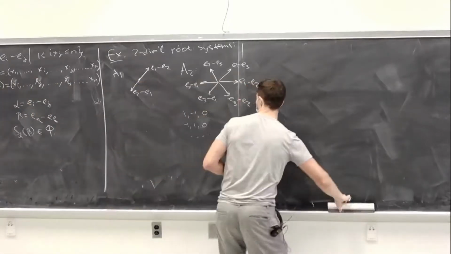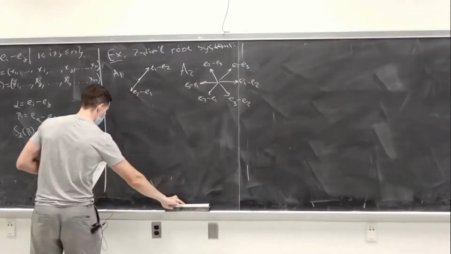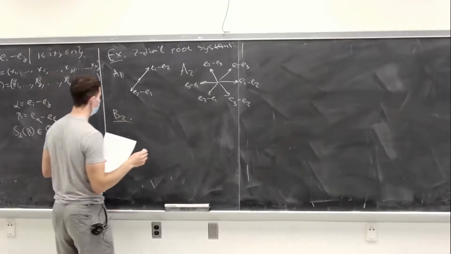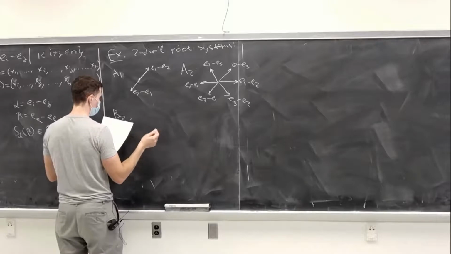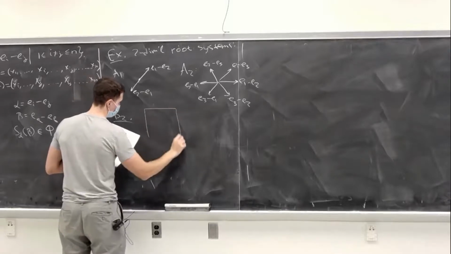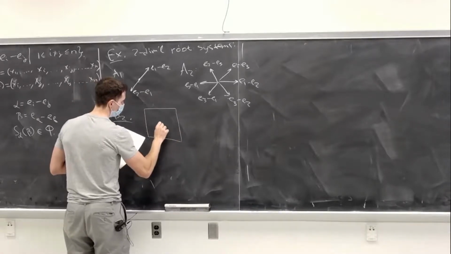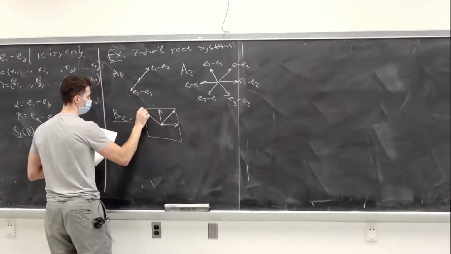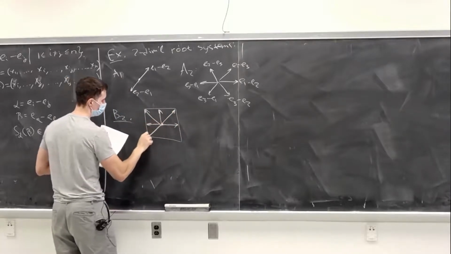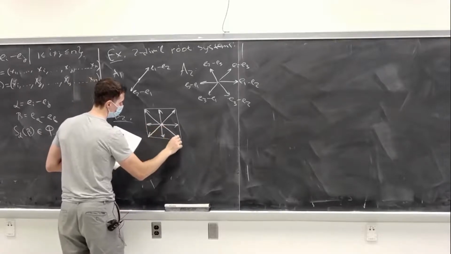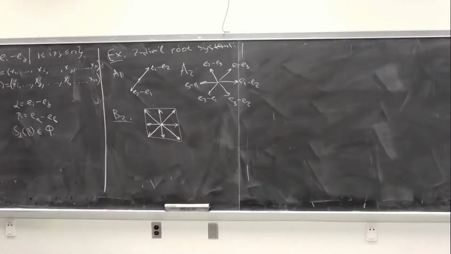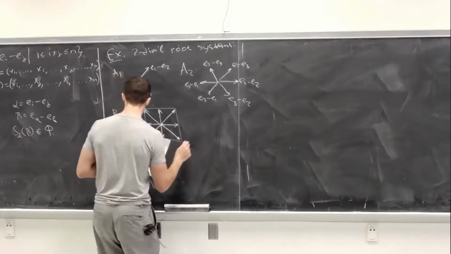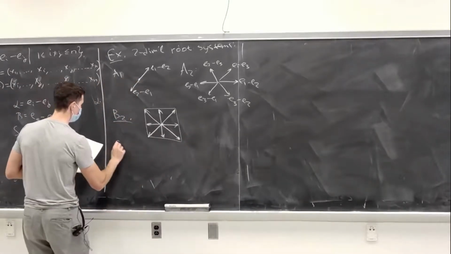And then let me also show you B2 and G2, because it goes A, B, and then G. So for B, I need to draw a square and then draw my vectors like this. That's B2.